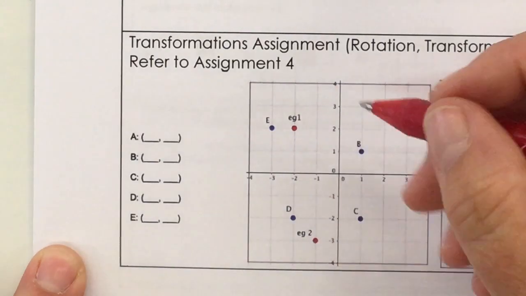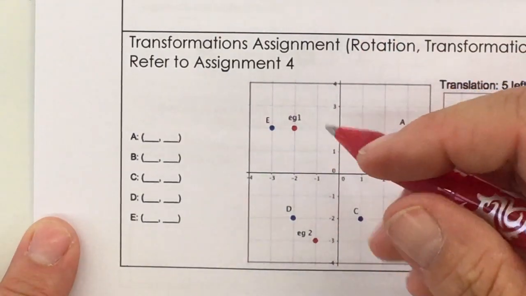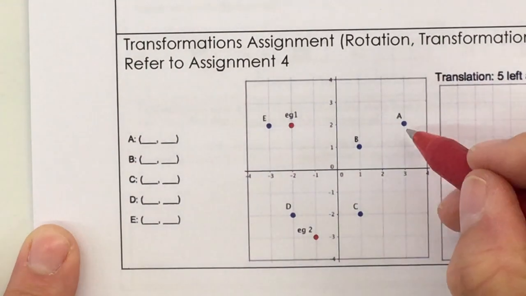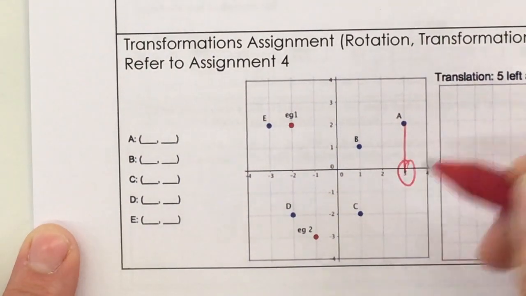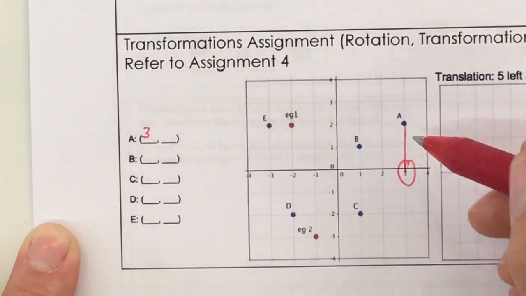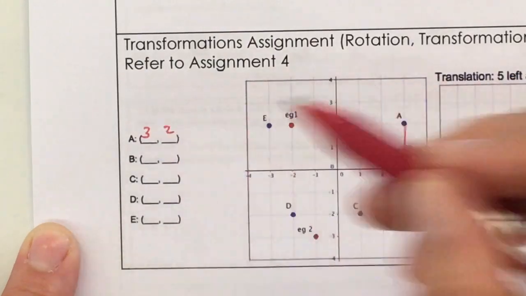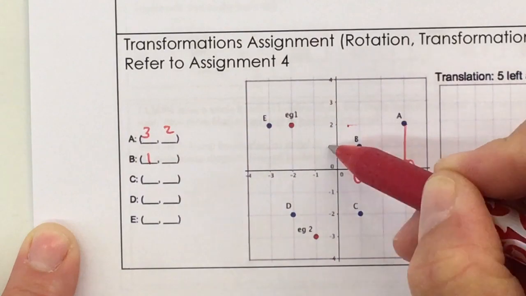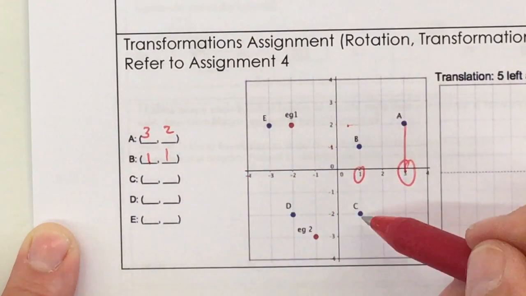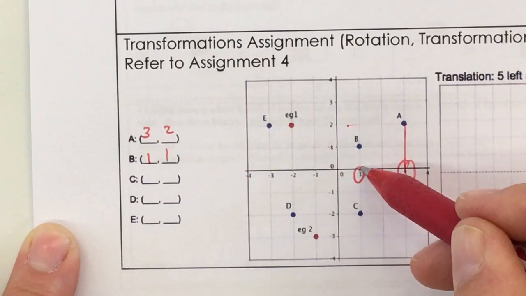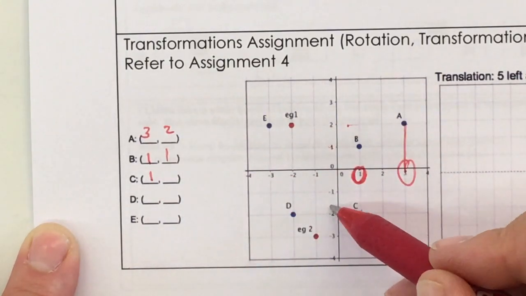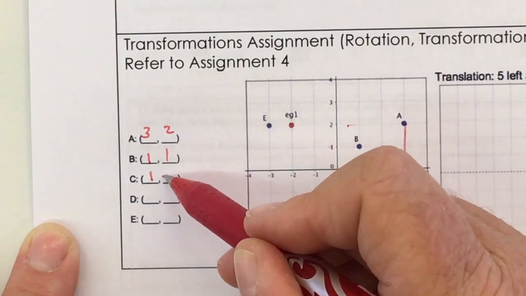Stay there. Alright, the most important thing to know is that your X must be mentioned first. So I'm going to go to A. First over here is a 3, and there is a 2. If I go to B, 1 is first, and 1. Oh, that was easy. C, okay, X is 1, and this one would be minus 2. I don't know if I did that.